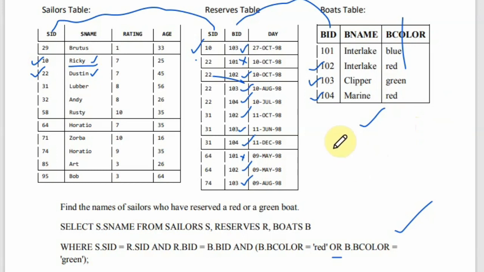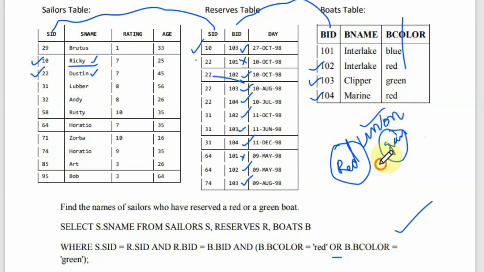Now I'll perform a union between these two sets, wherein I'll get a result which will have both red and green boat sailors in it. So first I'll find the sailors who reserved a red boat, then a green boat, then I'll apply the union operation on it.